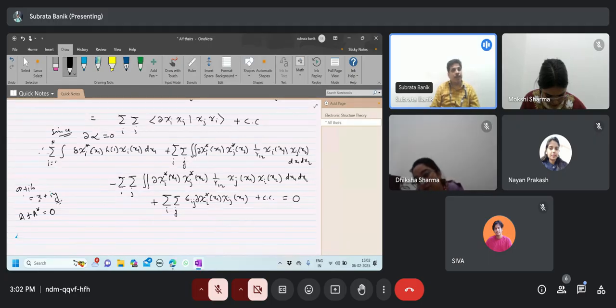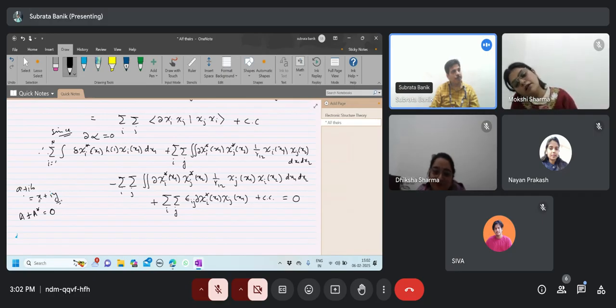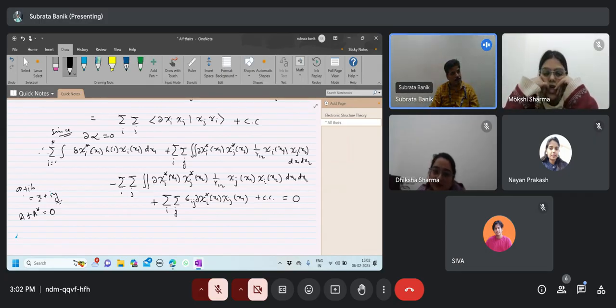I am telling a plus ib equal to x plus iy. Adding two terms which are conjugates of each other will give you 0. If we multiply a plus ib by a minus ib, it equals a square plus b square.